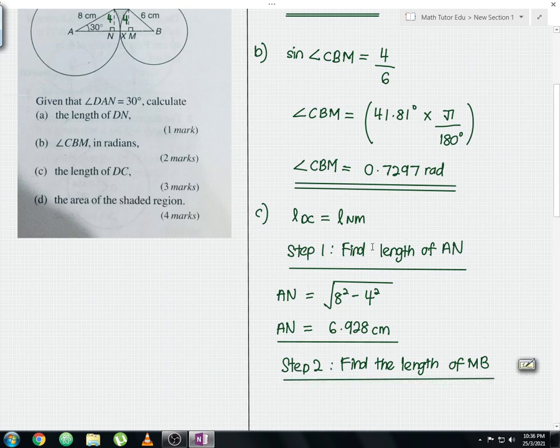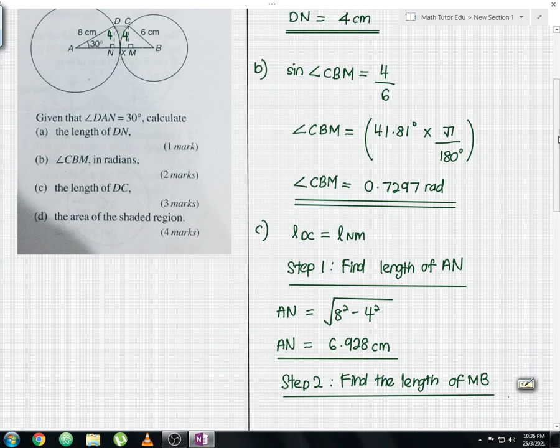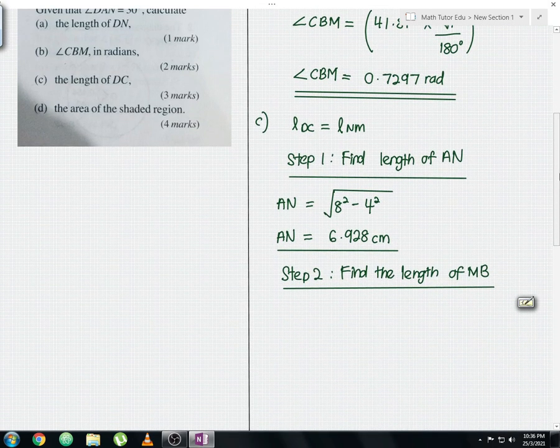Similar to the first step, the second step you can also find using the Pythagoras theorem. In this case, to find the length of MB, you take 6 square minus 4 square, and that answer you square root it. So MB will be equal to 6 square minus 4 square, and then you square root it.